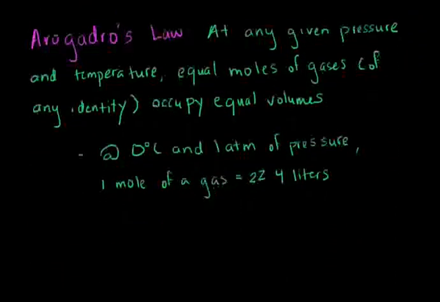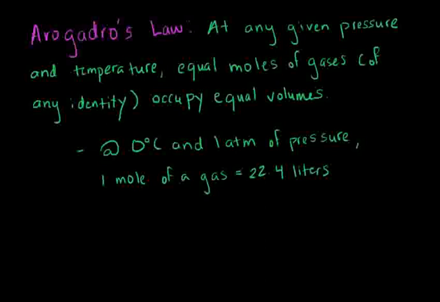An extension of this, and perhaps the most useful extension of Avogadro's law, is to say that at 0 degrees Celsius and 1 atmosphere of pressure, 1 mole of any gas, I keep stressing this, but it's important, identity is not important, is equal to 22.4 liters. This 0 degrees Celsius and 1 atmosphere of pressure is an important condition.